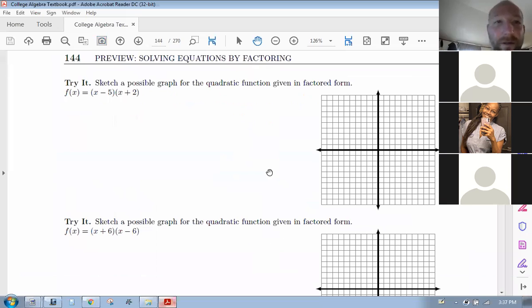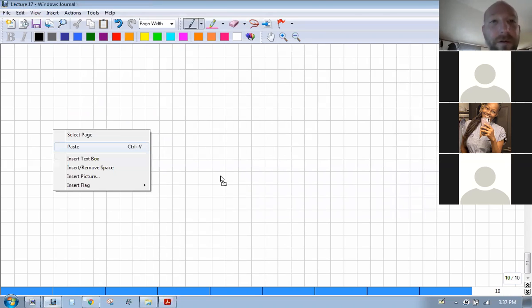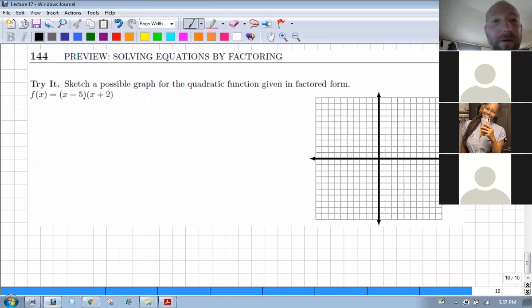So let's look at another one here. 144. Sketch a possible graph. All right, we can tell by looking at this, if we set this equal to 0, all right, we could tell that x would be 5 or a -2. So right here, 1, 2, 3, those are our x-intercepts.